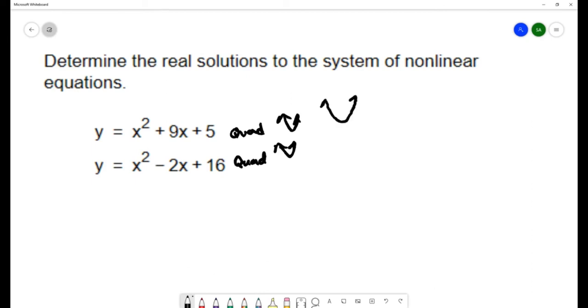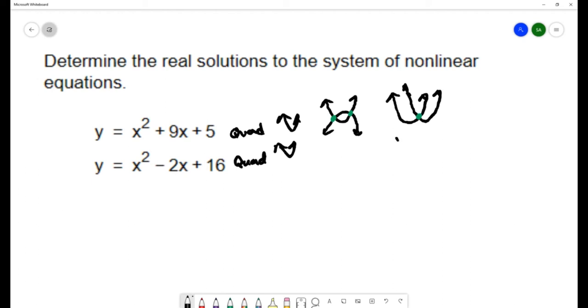The parabolas might be going in opposite directions like this, and that would provide 2 intersection points and 2 solutions for the system. You might have them go something like this, so they might have one solution.